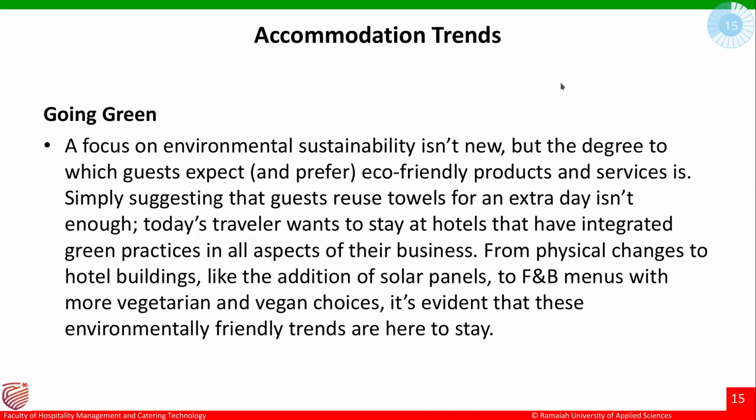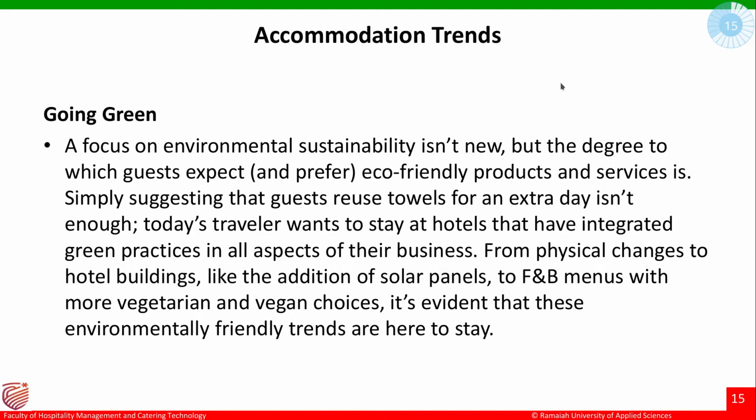Next is going green. Here we talk about sustainability as a factor. Most of us are becoming environment conscious. We know that we need to contribute maximum to save this environment and use minimum, so that we are not damaging the environment.